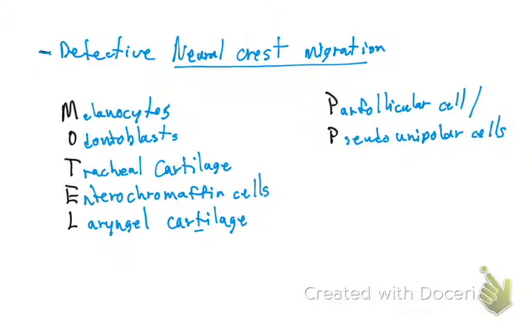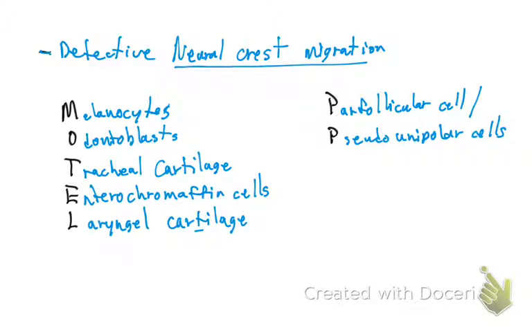Remember, pseudo is false, uni means one. This is a kind of sensory neuron in the peripheral nervous system, to sense. This neuron also contains an axon that splits into two branches. One branch runs to the periphery and the other goes to the spinal cord.